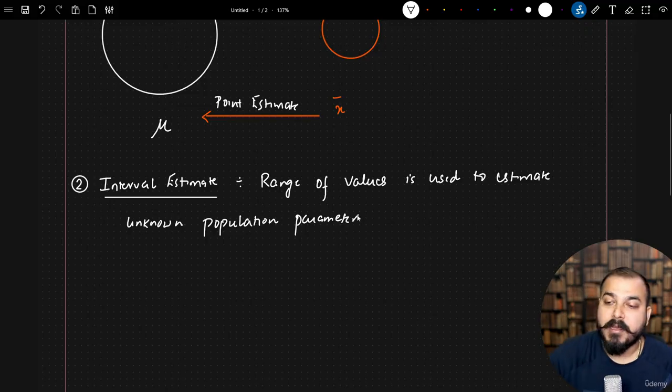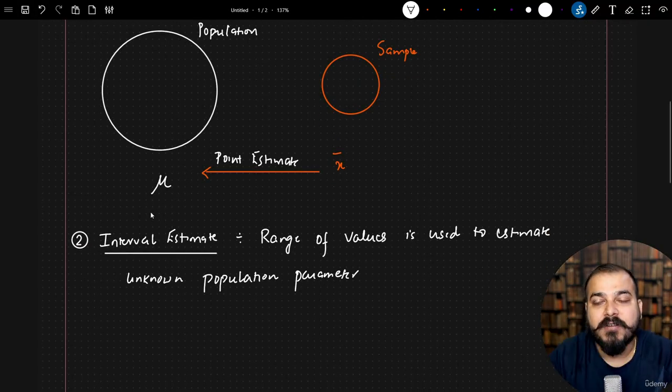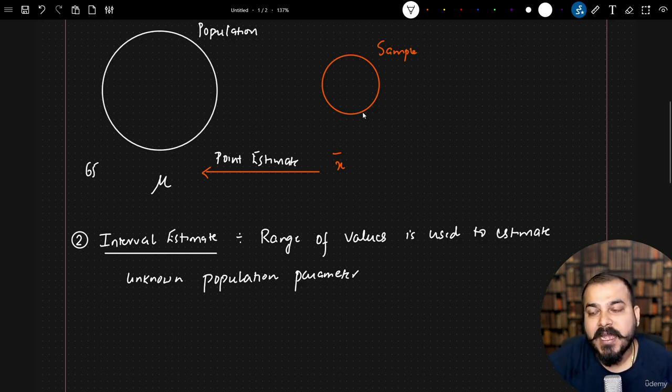See this, guys. If I have this population data, I get a population mean, and if I take a sample, I get a sample mean. But only this specific point will not be sufficient to represent the entire population mean. So it is better that we give a range of values. Let's say the population age mean is somewhere around 65, and if I consider a sample, I get 60.